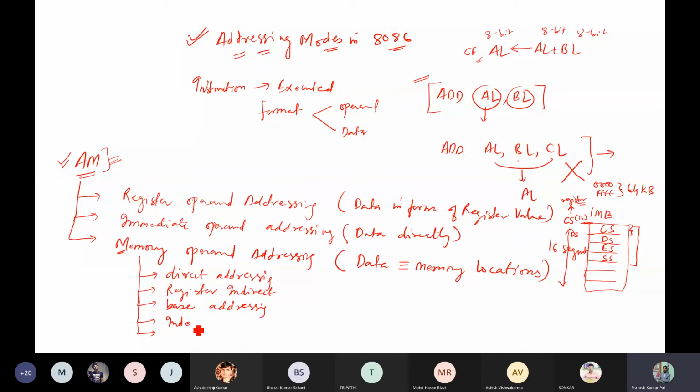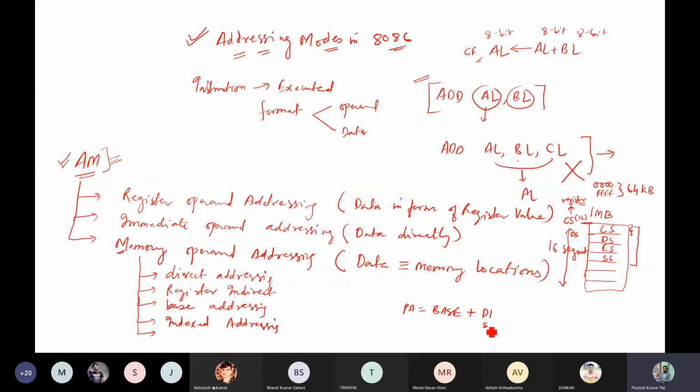The next one is indexed addressing. In indexed addressing, we find the physical address in the form of a base register out of these four registers plus an index register. There are two index registers, DI and SI.